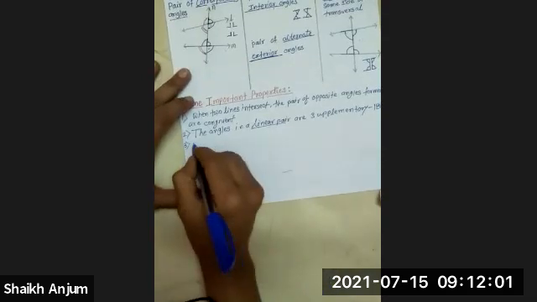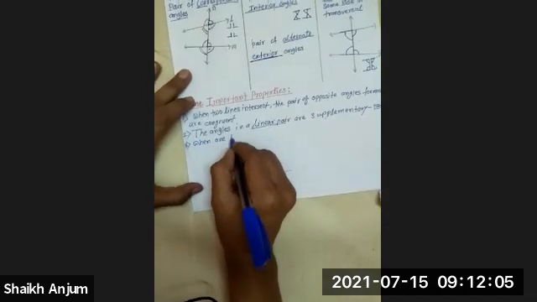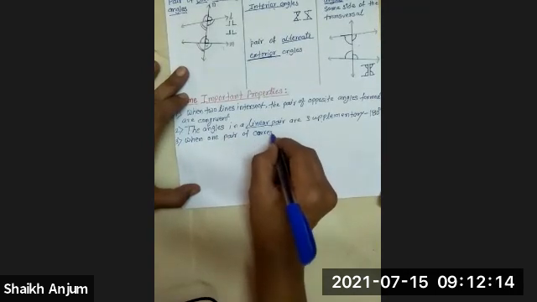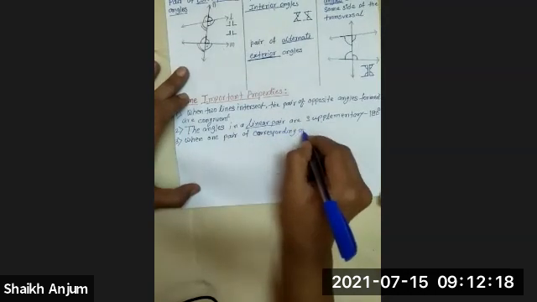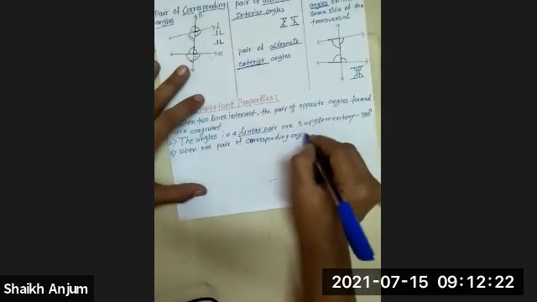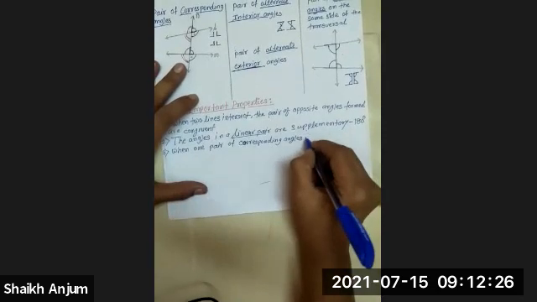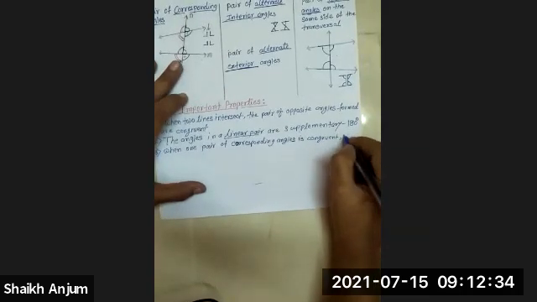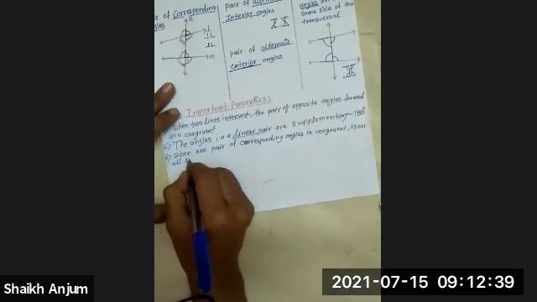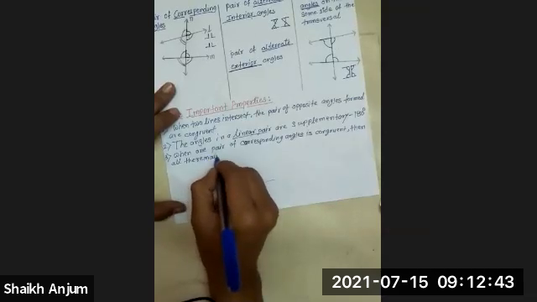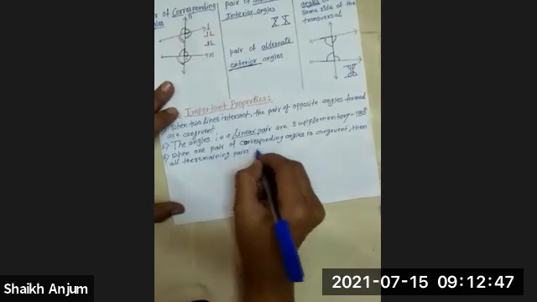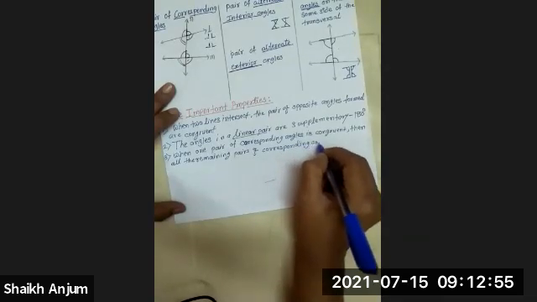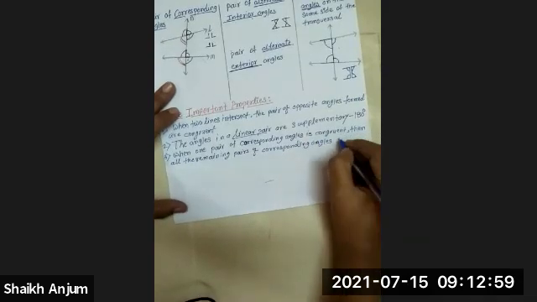When one pair of corresponding angles is congruent, then all the remaining pairs of corresponding angles are congruent.